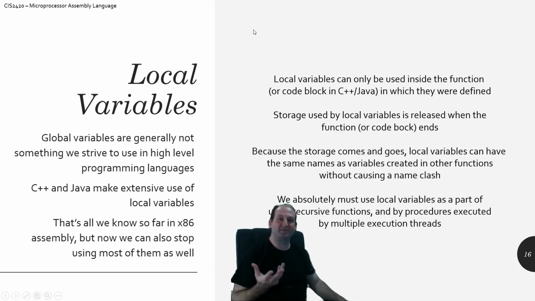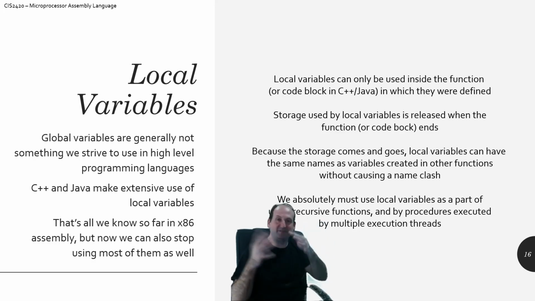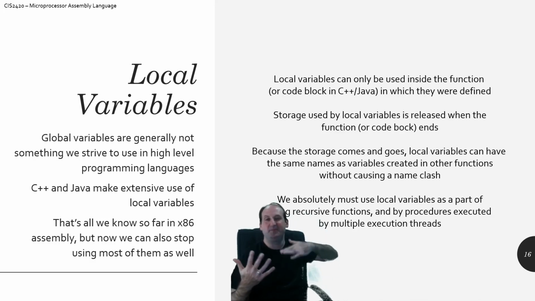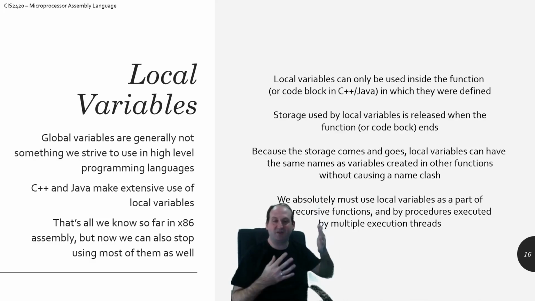So the rules, of course, are that local variables are only used inside of the function, or, if you want to think of it, inside of a code block, right? If I have a code block, if something is true, do some code block. If I introduce a local variable inside of that code block, once I hit the closing curly brace, it dies. And what that means is the call stack is being manipulated by the fact that you're closing off functions, you're closing off code blocks. And so it makes sense.